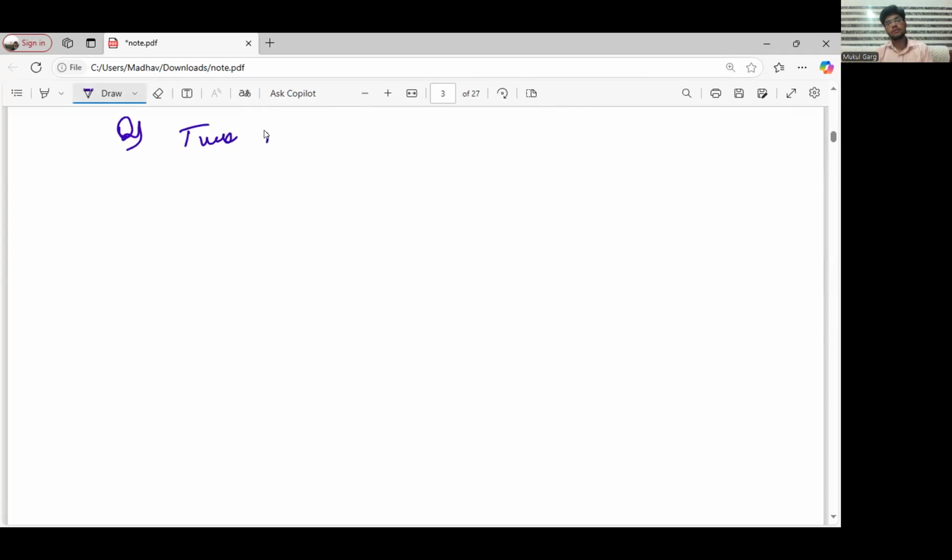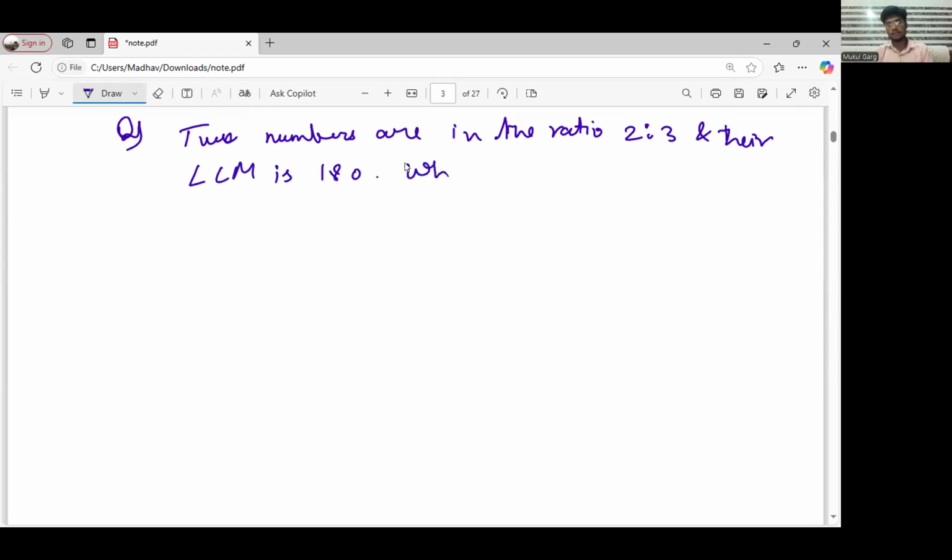It says that two numbers are in the ratio 2:3 and their LCM is 180. What is the HCF of these two numbers?